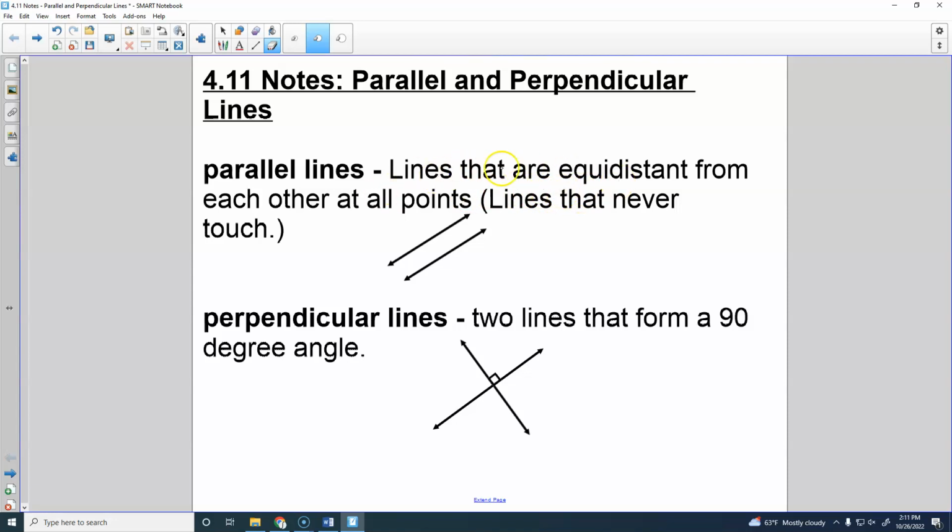They have to be parallel if they're both in that plane. But if they're in different planes, so this wall right here is one plane, that wall back there is another plane, those lines would not be equidistant, but they would also never touch. They're called skew lines, that are in different planes.